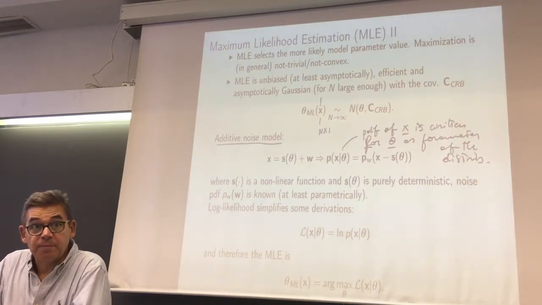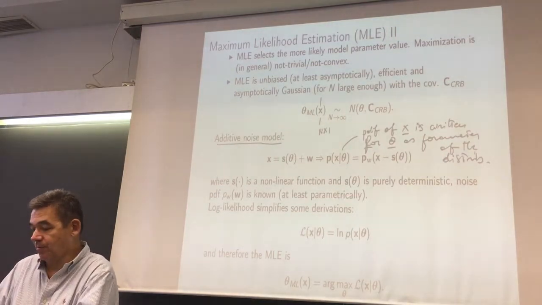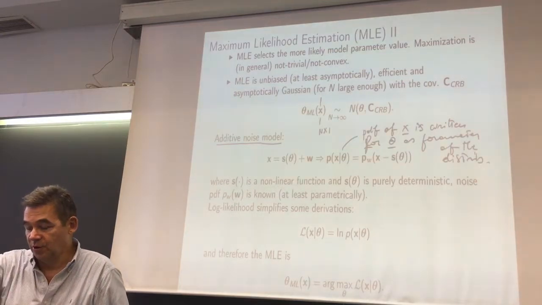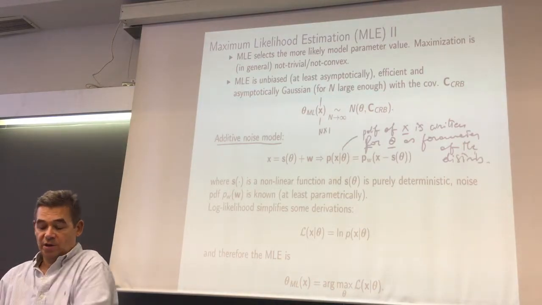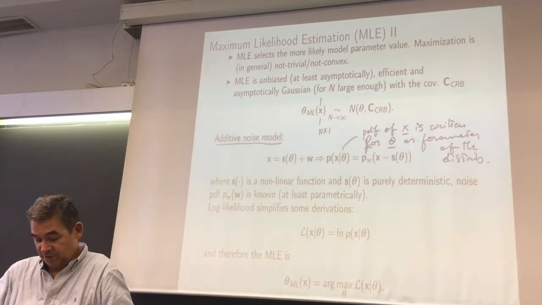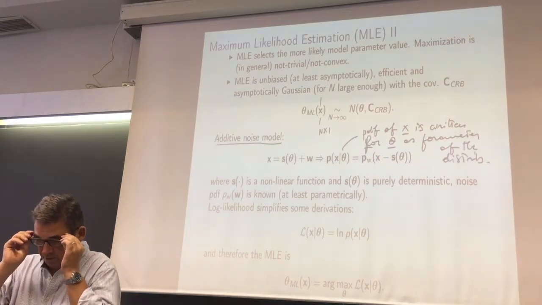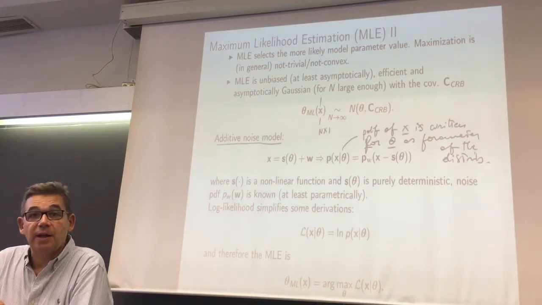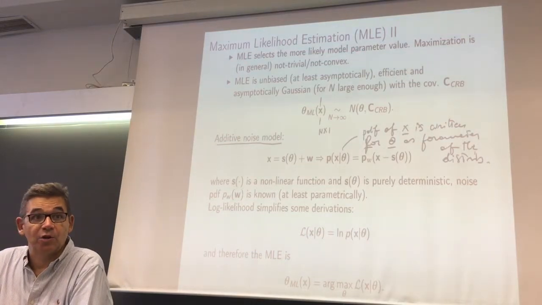in many settings we write the likelihood function by revisiting it as the log likelihood. So, what is the log likelihood? We are using the logarithm of the likelihood function, which is p of x given theta, and then I can calculate the logarithm.